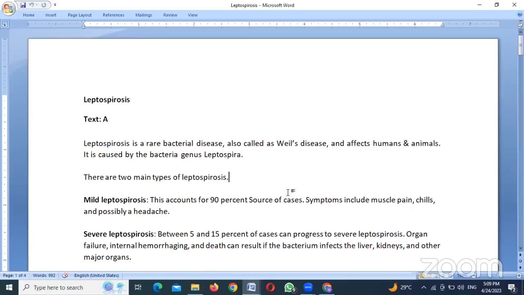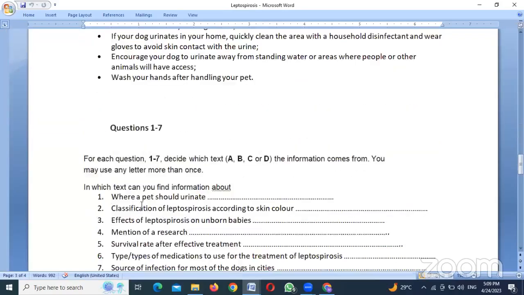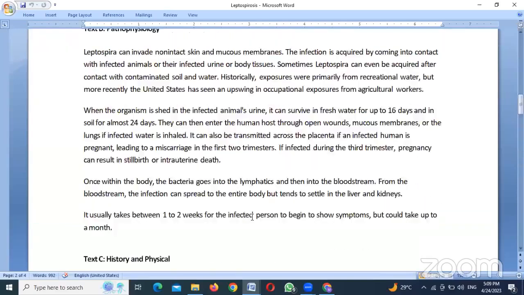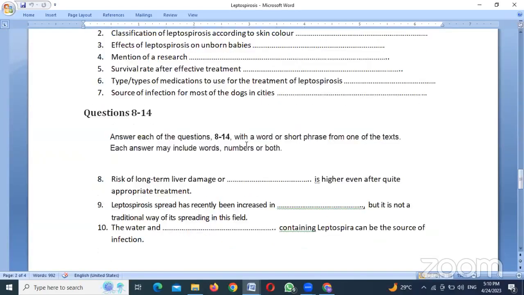It will help us give answers to most of the questions in reading part A, especially questions 1 to 7 and some other questions also. Then we will read the question and try to find out the answer.